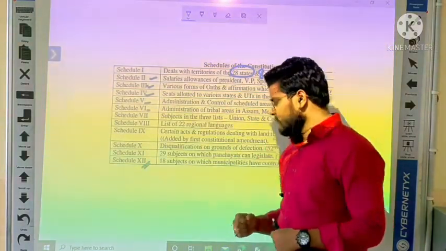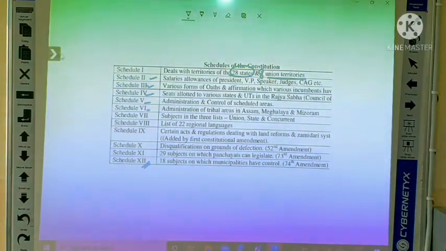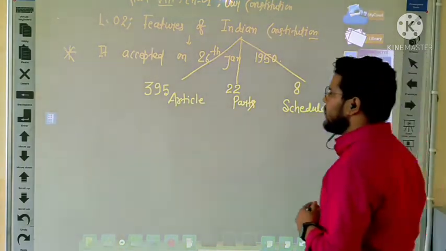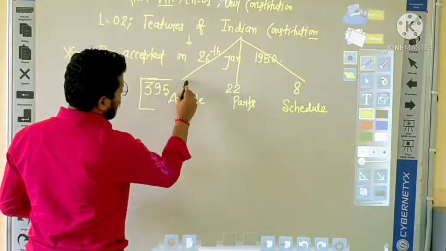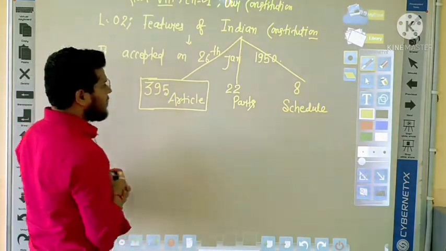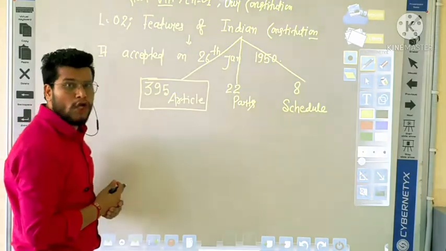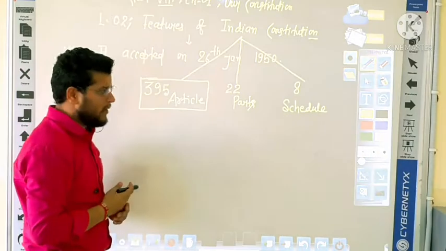Now come on, yes, our class. Here 395 articles. Now what do you mean by articles? It is a paragraph or clause of a legal document.